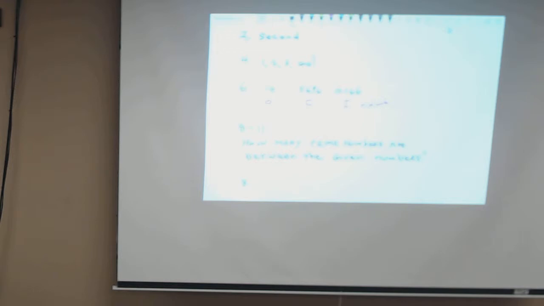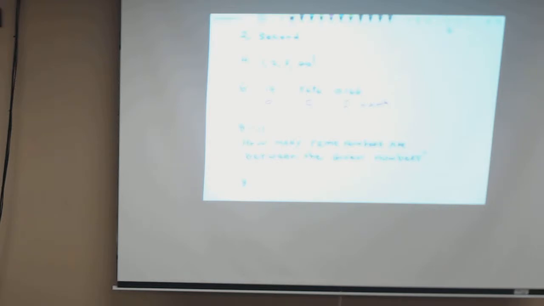Number 10, the prime numbers between 50 and 75. 50 to 75. What are the prime numbers? Say them out loud. 53, 59, 61, 67, 71, 73. There you go. Question 12.